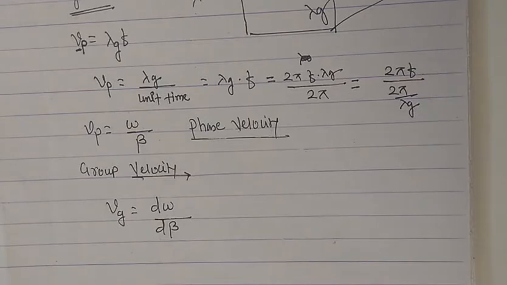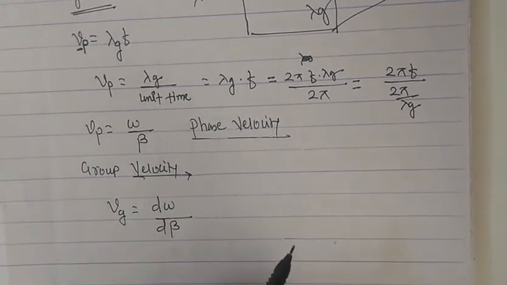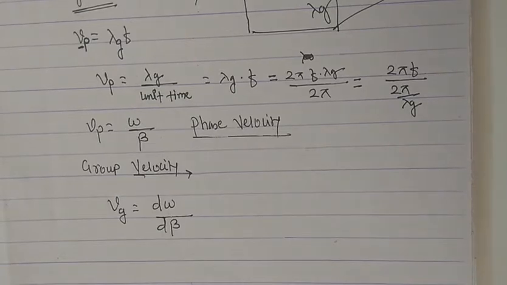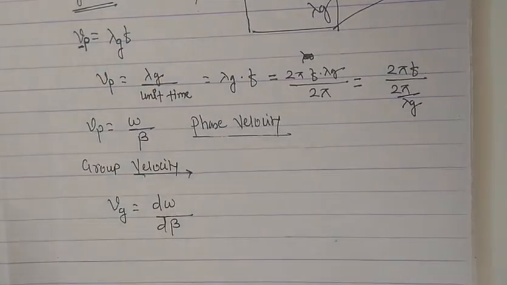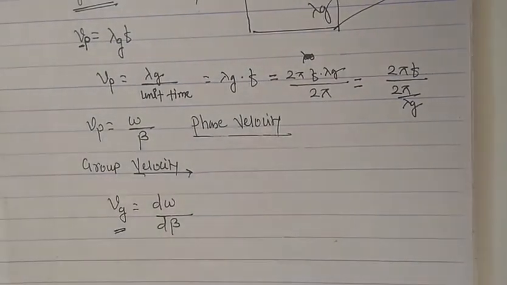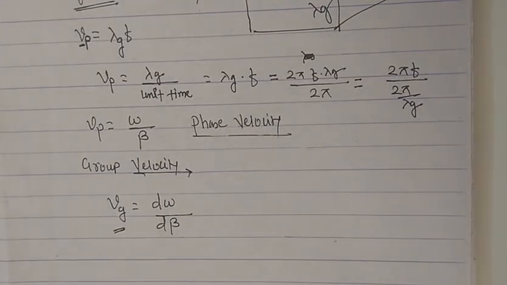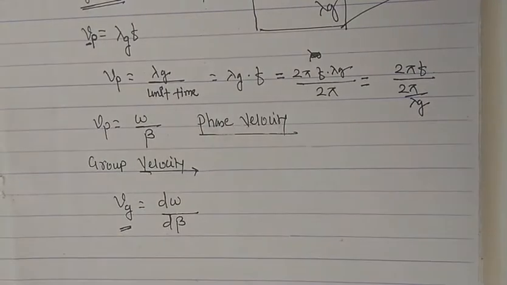Actually, if there is no modulation in the carrier, the modulation envelope travels at a velocity slower than that of the carrier alone, and of course slower than the speed of light. The velocity of the modulation envelope is called the group velocity Vg. When a modulated signal travels in a waveguide, the modulation goes on slipping backward with respect to the carrier.